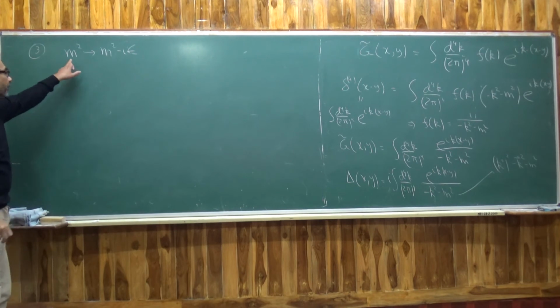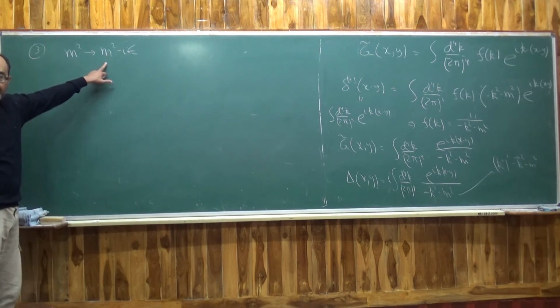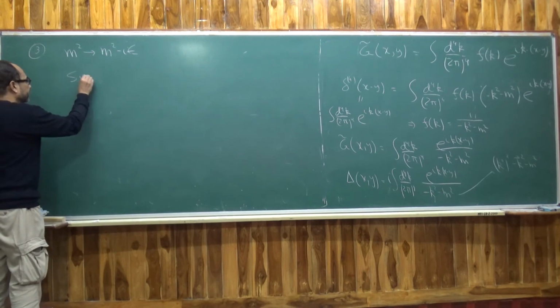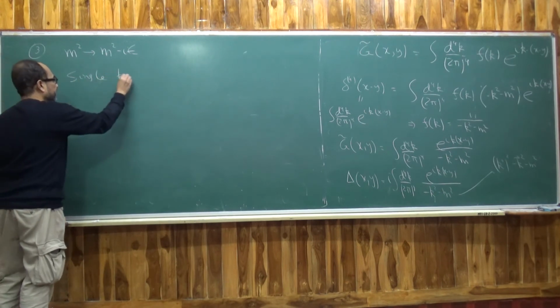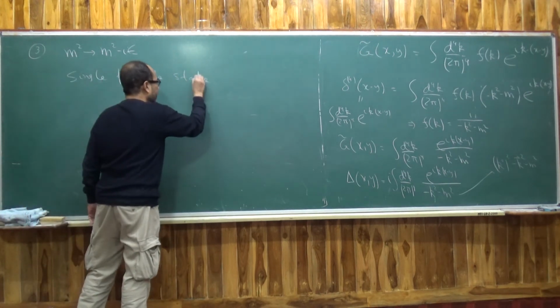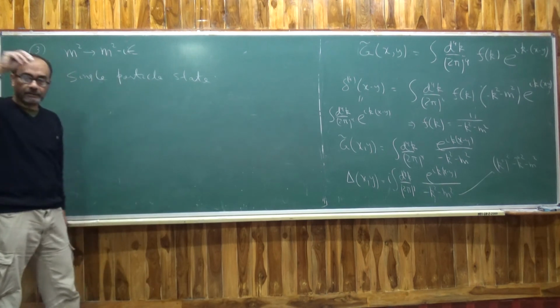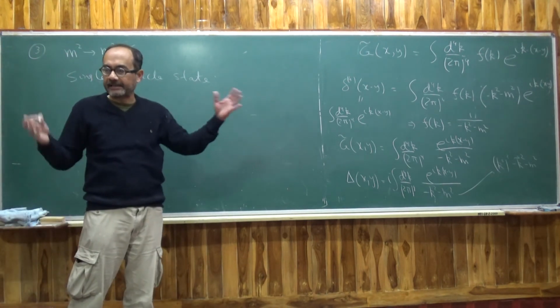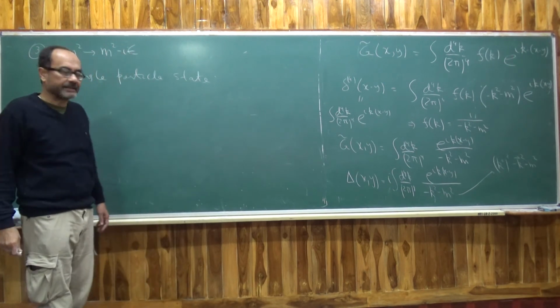Because once you replace m square by m square minus I epsilon, the energy of the excited state, say the single particle state. I'm assuming now that you know from your QFT1 what the spectrum of this free field theory is. It has single particle and multi-particle states.